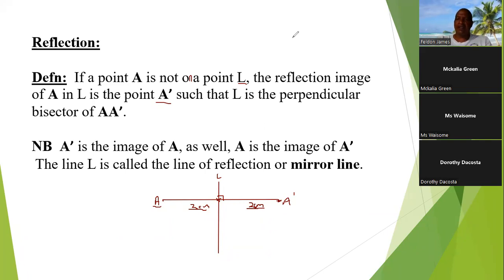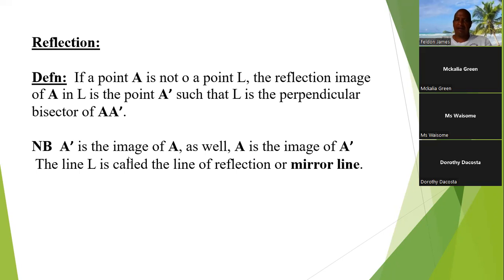All right, everybody's good with that now? All right, so note briefly, A dash is the image of A, as well as A is the image of A dash. So you can treat the image as the pre-image if you want.